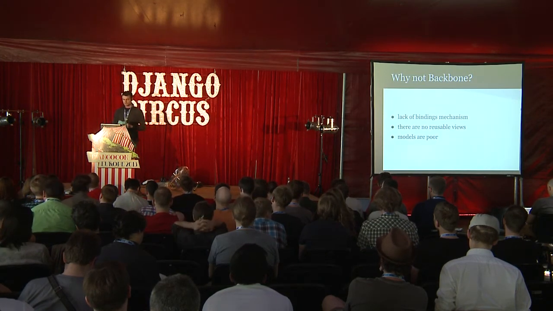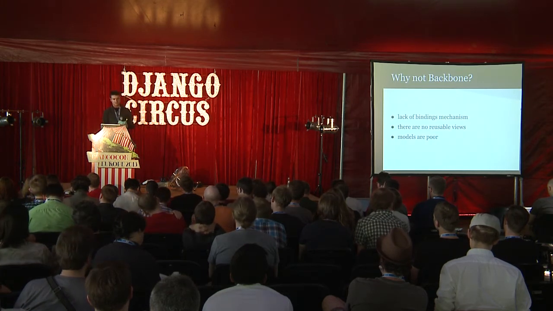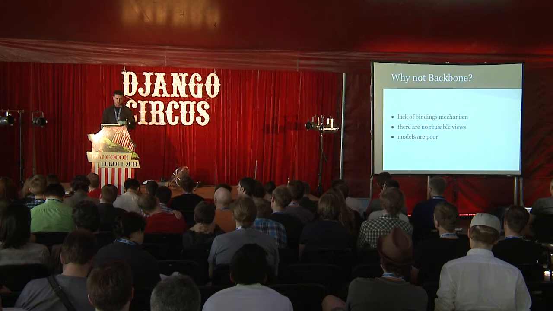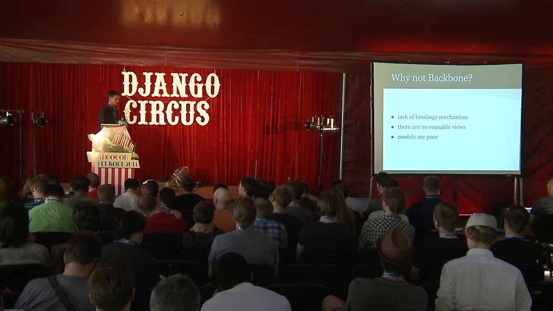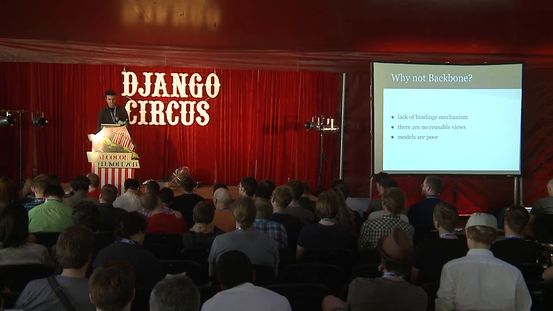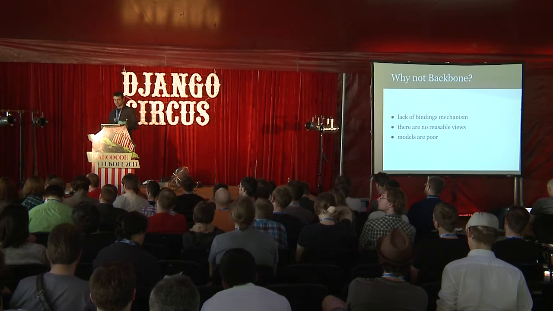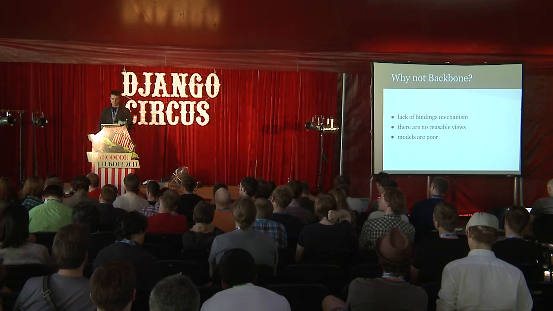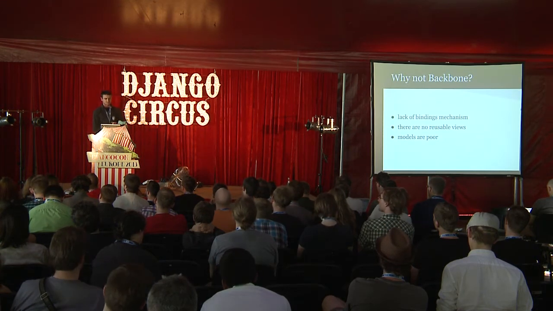We noticed that in other frameworks it's solved by a binding mechanism, which basically allows us to describe the DOM manipulation in a declarative way, for example, in templates. And in JavaScript code, we only have the core logic. So I think that's the key point for resigning from Backbone.